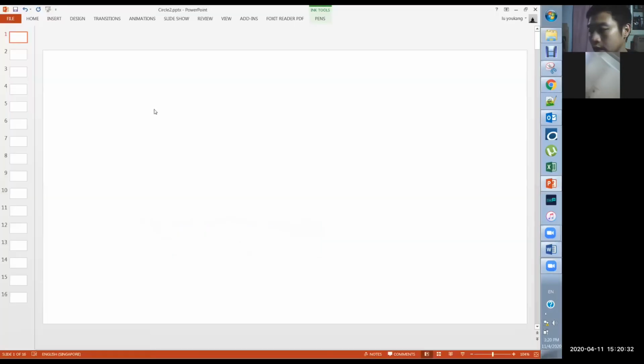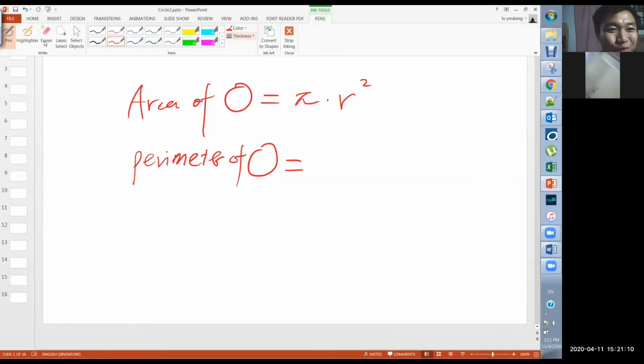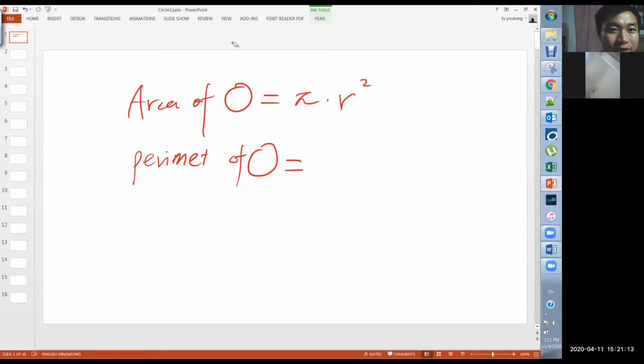Okay, good. So what we have learned so far? Area of circle, right? Formula? I forgot. Oh, very good. At least you remember. Then what about perimeter? If you forget, just look at it. I don't need you to memorize by now, but by next lesson you must memorize already.